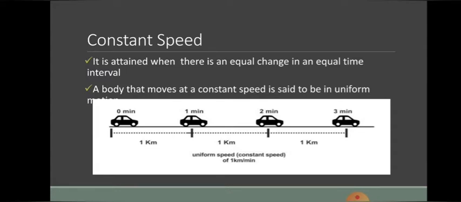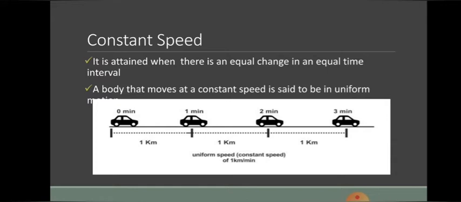So that means this car starts at 0 minutes. After 1 minute, it reached 1 kilometer. After 2 minutes, it reached an additional 1 kilometer. And after 3 minutes, another 1 kilometer, additional to what it reached in the previous minutes.